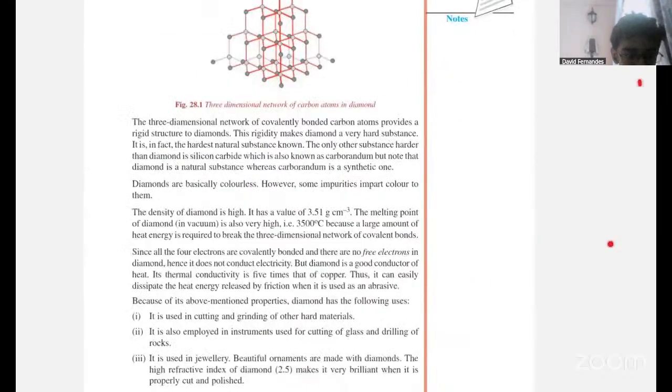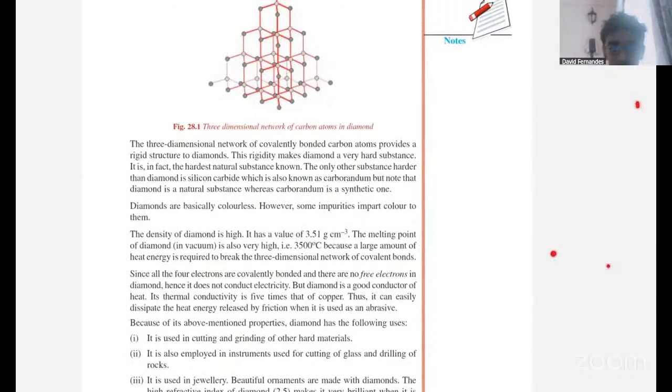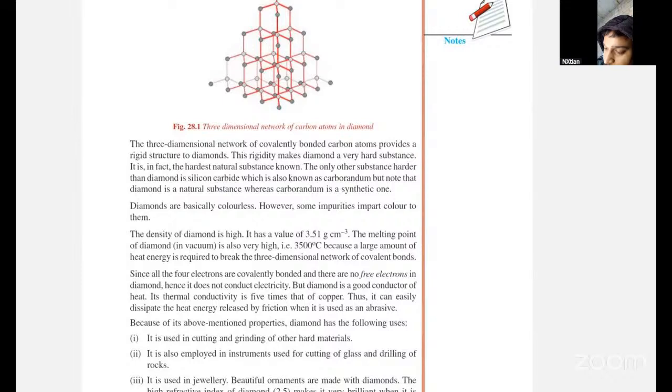The three-dimensional network of covalently bonded carbon atoms provides a rigid structure to diamonds. So they can ask you the question: why are diamonds the hardest substance of the universe? Because of the 3D shape, and that 3D shape of covalent bonds of carbon provides them a rigid structure.